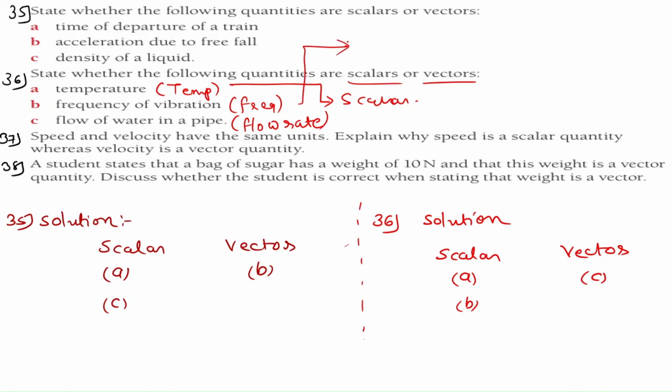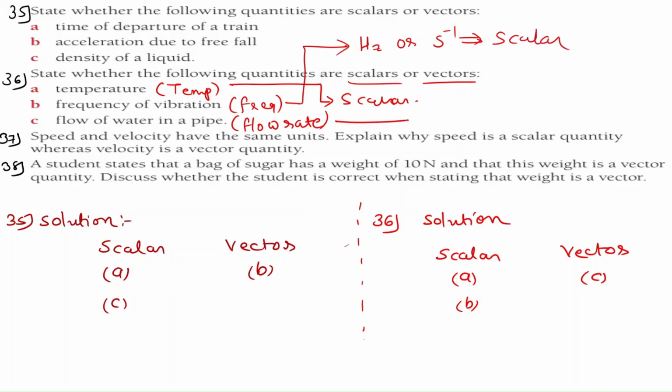When we talk about waves and vibration, we define frequency, whose unit is hertz, or you can say second inverse. We will see this in the waves and optics part, but this time I will only tell you the SI unit so that you can easily identify whether it is a scalar or a vector. Frequency has a unit of second inverse or hertz, named after the scientist. Second is also a scalar, so it is a scalar quantity.